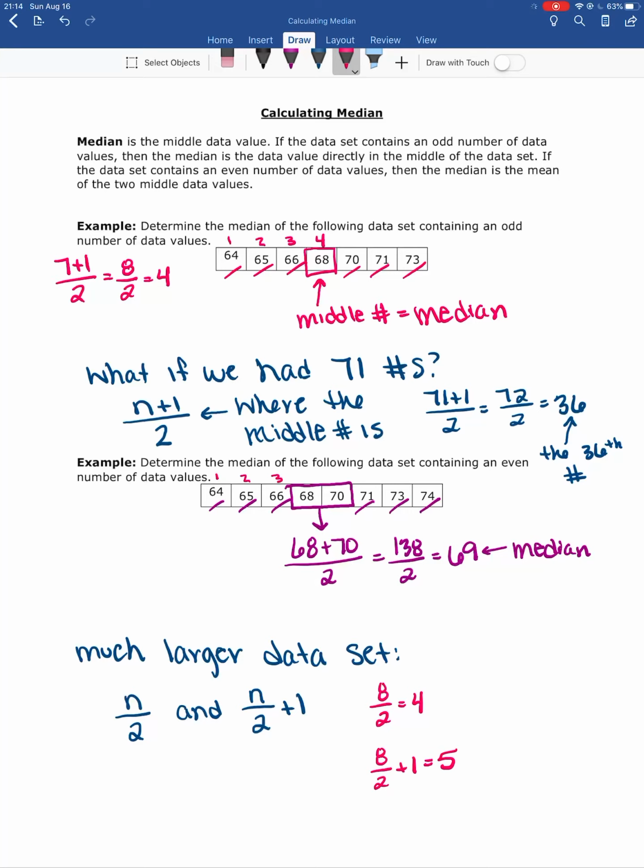So 1, 2, 3, 4, 5. So again, we come up with the data values 68 and 70, which were the fourth and fifth numbers because we had an even number of data values, and we could add those two numbers together and come up with a median of 69. And that is the median.